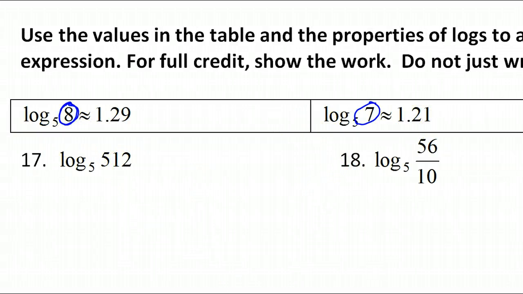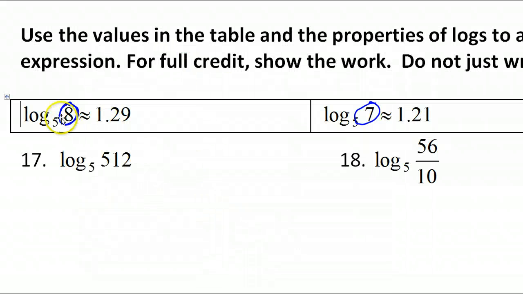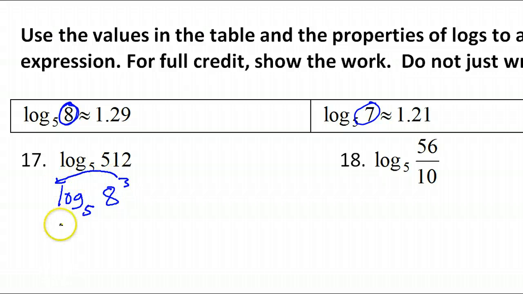So looking at 512, first we check the chart. Is it on there? Look, there's 512 right here. That is 8 to the 3rd power. That's one of the things that we're looking for. So that is fortunate indeed. So 512, that would be 8 to the 3rd power. Now we've learned that this exponent could be put in the front. Let's use that to our advantage.